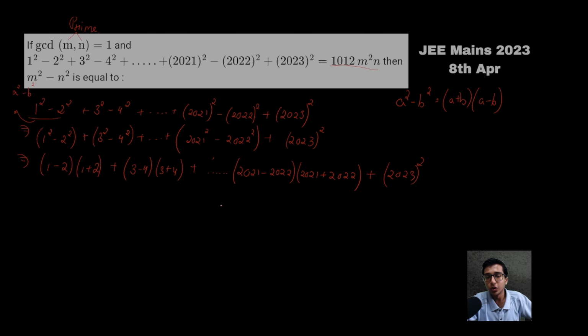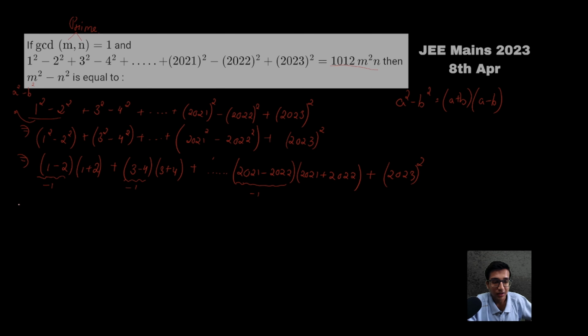Now if you try to look at this sequence that has been given to you, what can you make out from this sequence? That 1 minus 2, this is minus 1. In each and every term, 3 minus 4, there is minus 1 coming here. This is also minus 1. So that means minus 1 is common in each and every term.